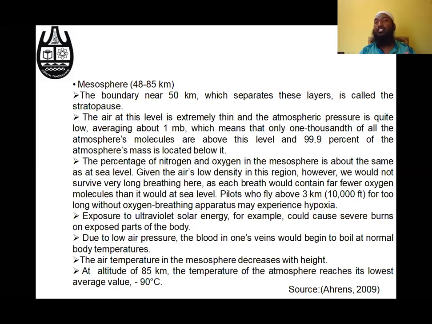If it is lost with increasing height, then suddenly it might not be possible for our body to tackle it, for various reasons. One example is the boiling of the blood.